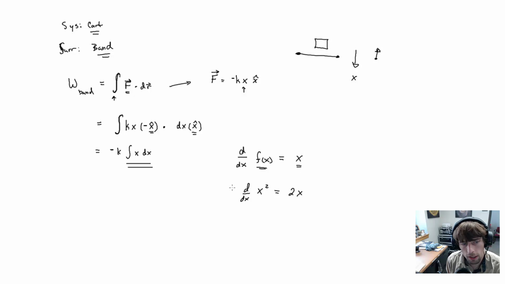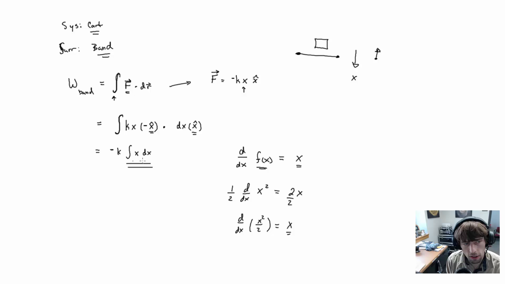The only thing I need to add is a 1/2 on both sides. Then d dx of x squared over 2 is equal to x, which is what I wanted to find. Now, how does this work?